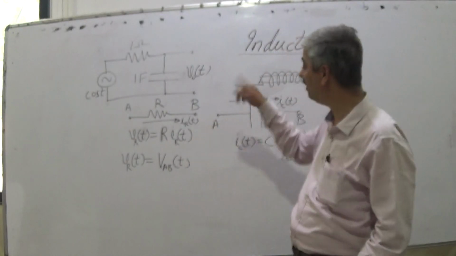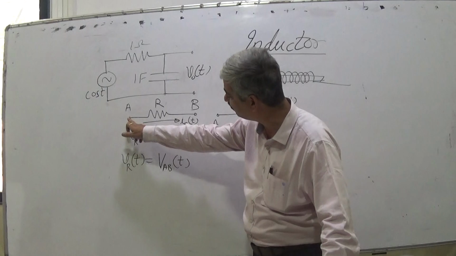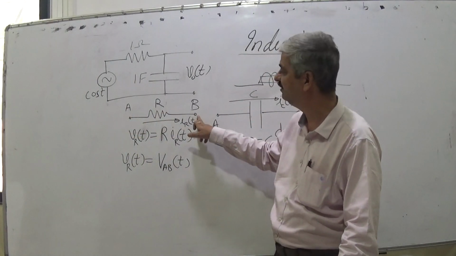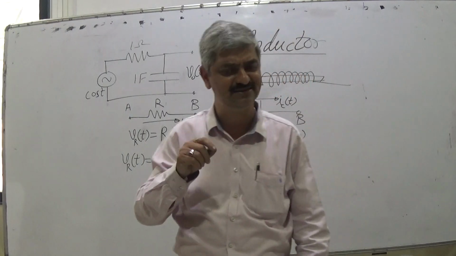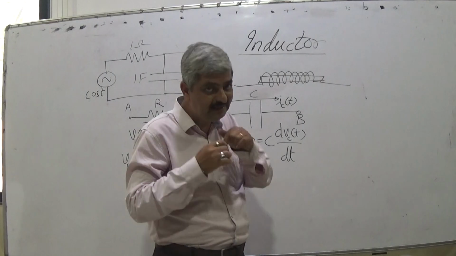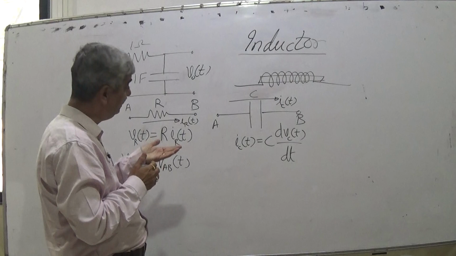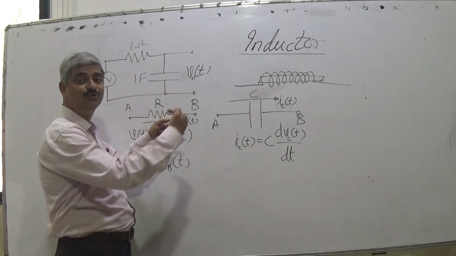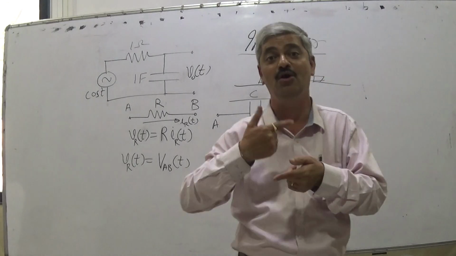Consider the current through the capacitor and the current through the resistor. Charges flow from here to here. Listen very carefully, that is very important. If charges flow, this is current flow, and current flows in the form of electrons.